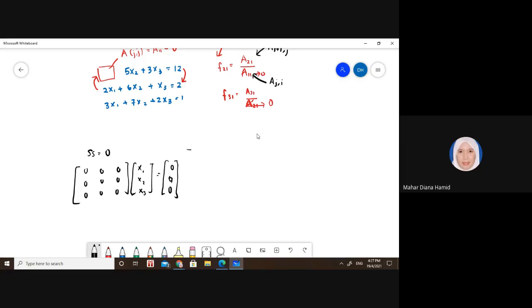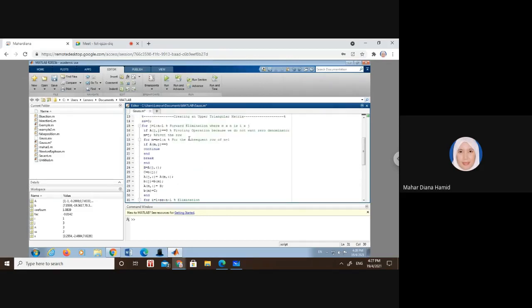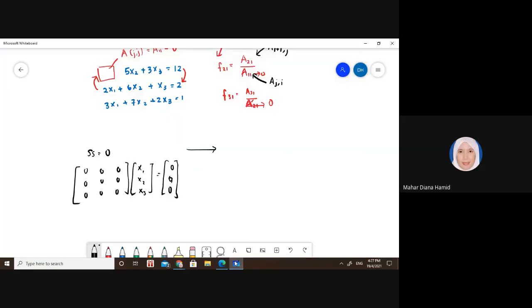And then after the forward elimination, pivoting and forward elimination, this is where you have the process where you have the values, for example, D, E, F. So this is B1, B2, B3.